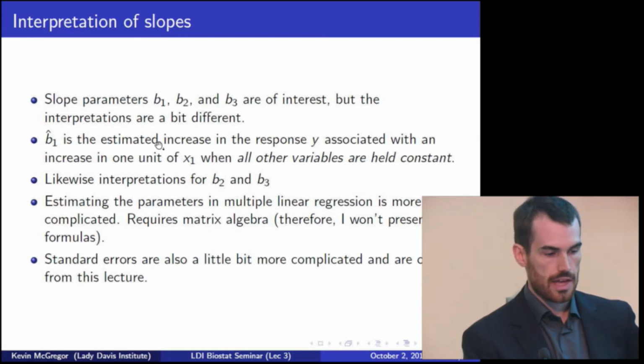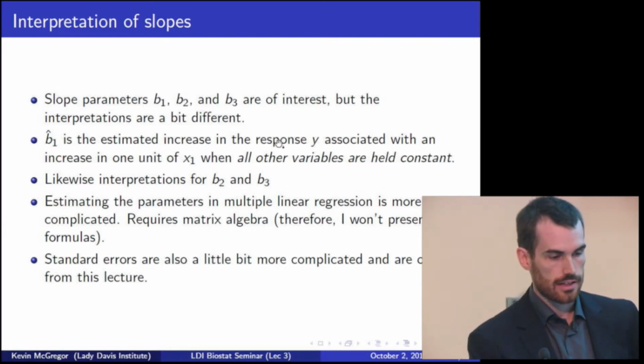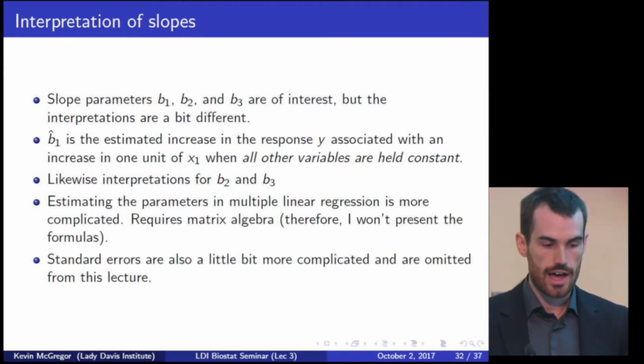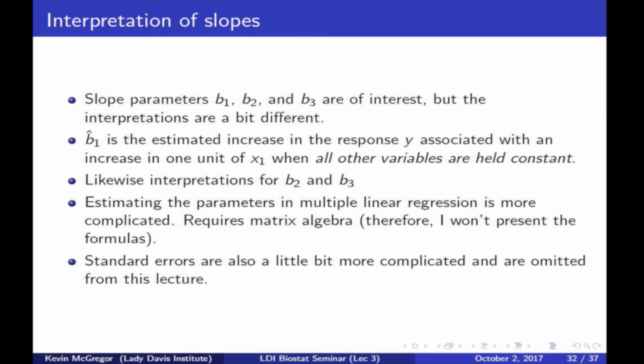Another way of saying that is that we're looking at the estimated increase in the response of y associated with an increase of exactly 1 unit of xi when everything else is held constant. So if you held x2 and x3 at a constant value, then b1 would be that rate of change. And we have likewise interpretations for b2 and b3.